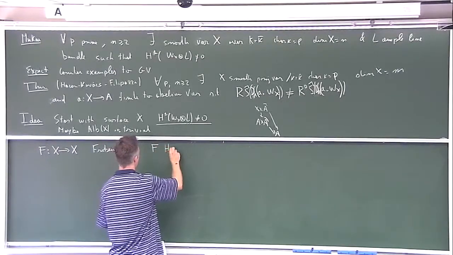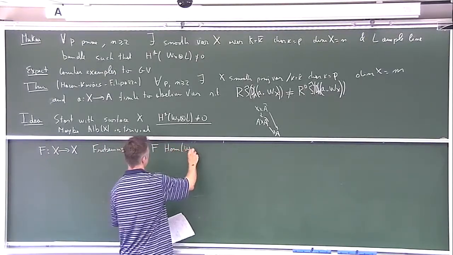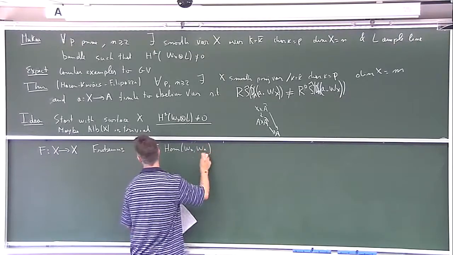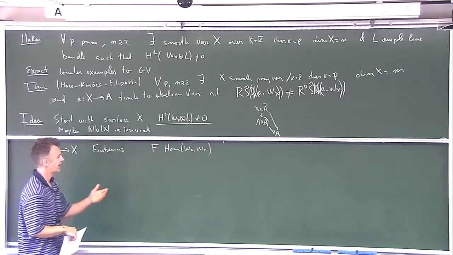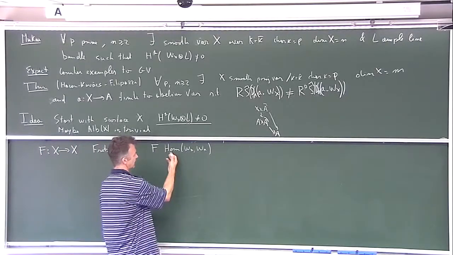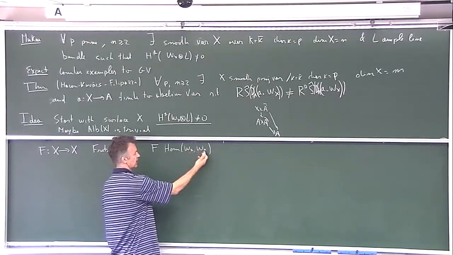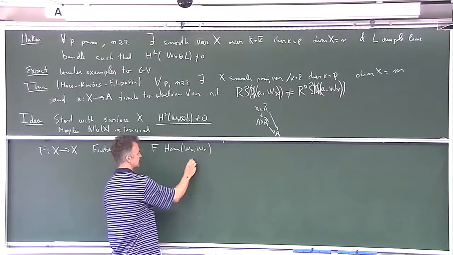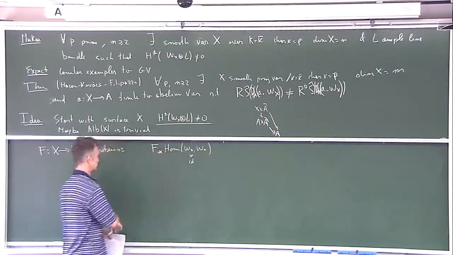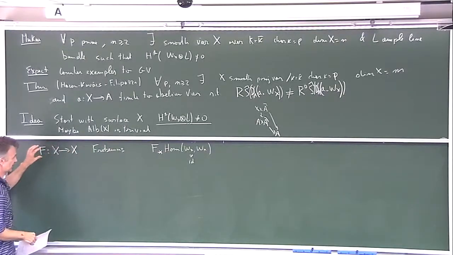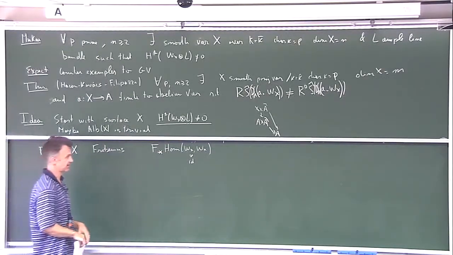So I can look at Hom from omega_X to omega_X. I'm thinking of X as a smooth projective variety, and I can look at the space of homomorphisms from omega_X to omega_X. In particular, there's a nice element in here, which is the identity, and I can push this forward by the Frobenius map.